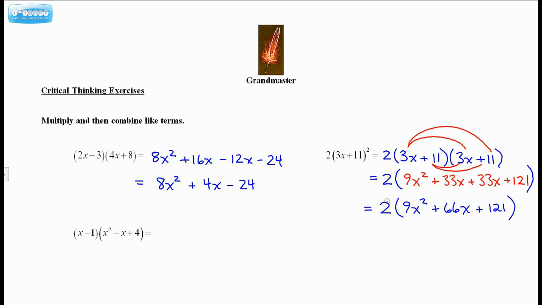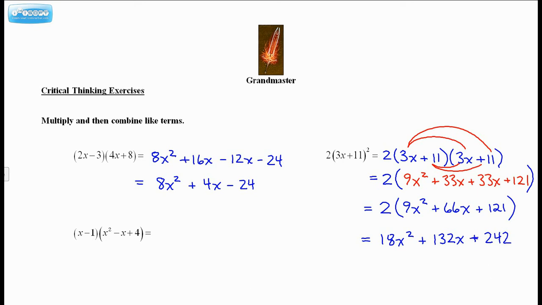Now I can apply this 2 just using simple distributive law. Everything gets doubled. So my final answer at the end of the day is 18x squared plus 132x plus 242.